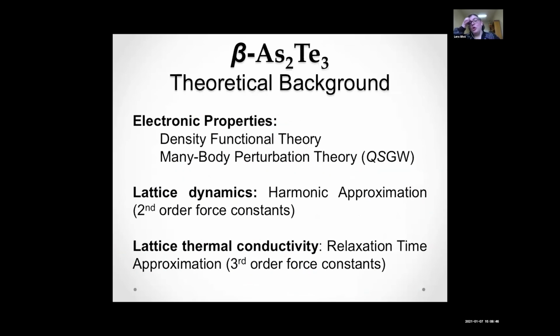I'm not going to enter into the specifics of the codes that I use, nor the theory. Otherwise, I would need another talk to do that. I'm just going to say that the calculations are done at an atomistic level. The electronic properties are based on density functional theory, in which you consider density to get the ground state properties of your system.